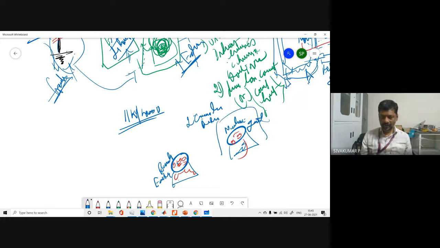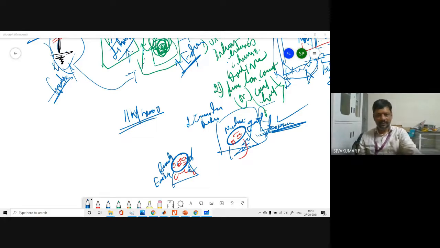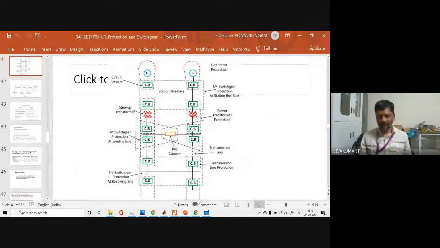This neutral ground is very dangerous. If the earthing is not properly connected, the entire return current path will also flow through your body. It creates more hazards, and these options can be cleared. This may be explained with the help of one simple slide.